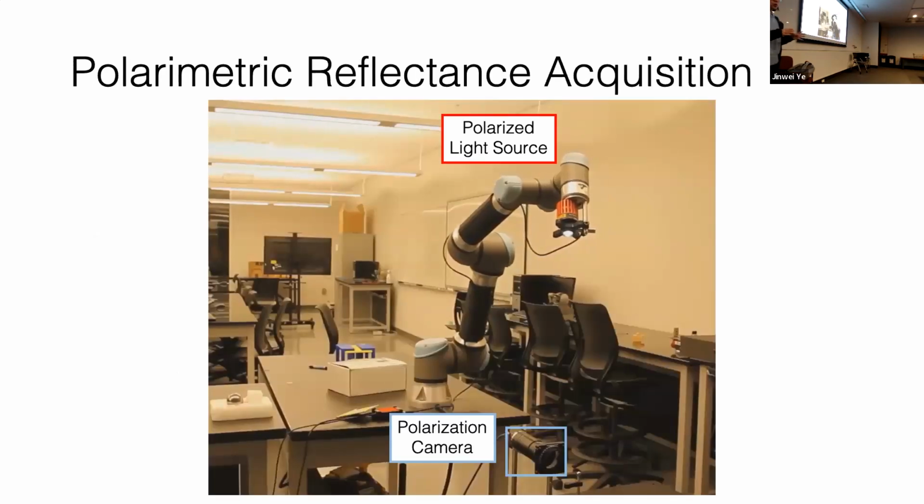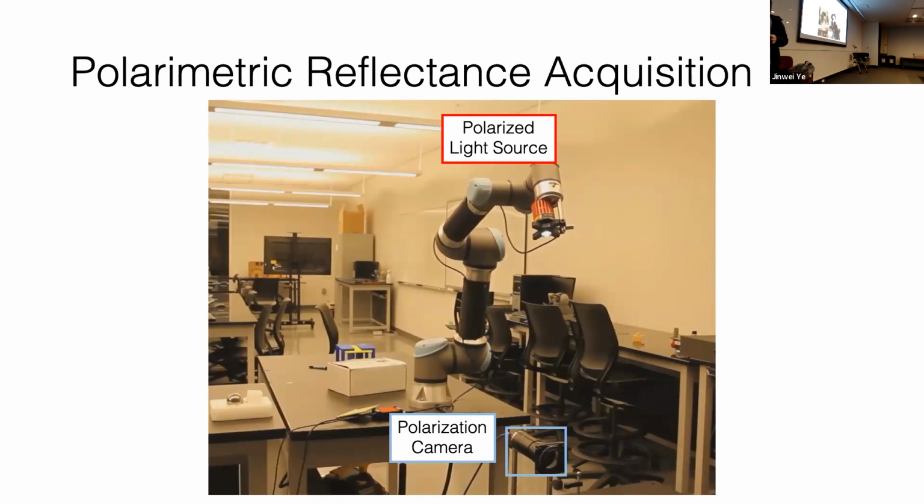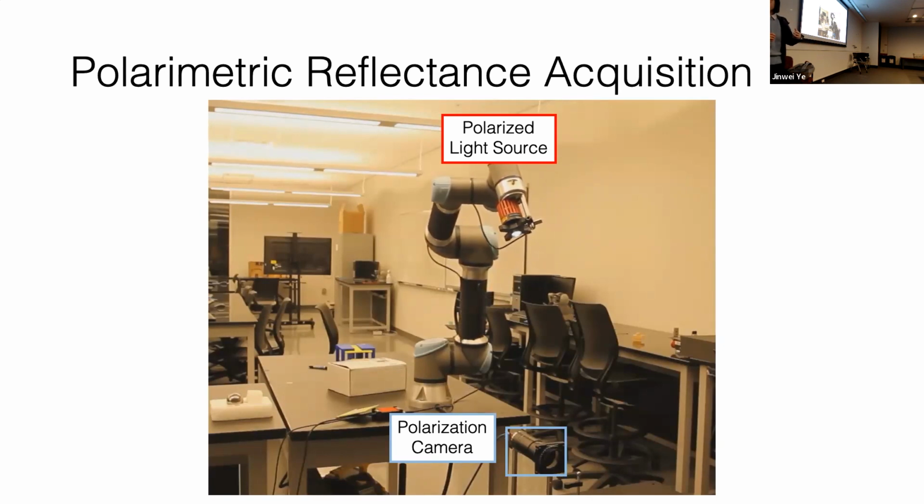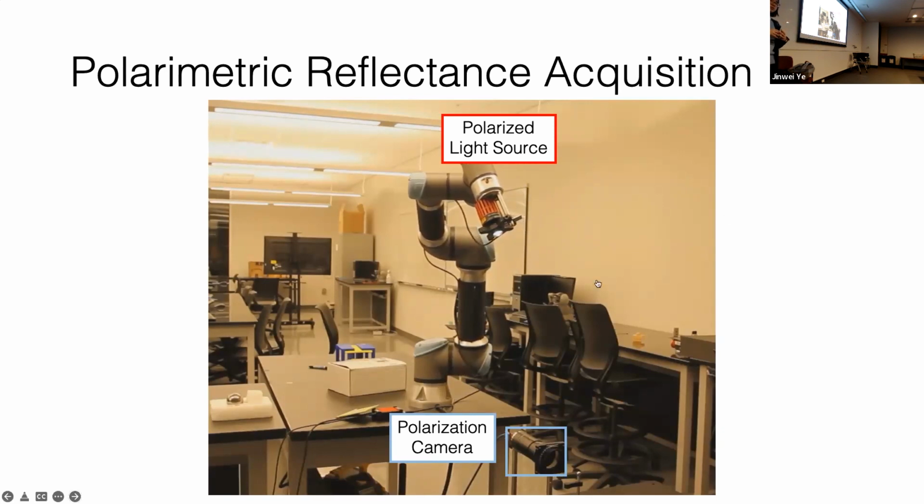And then I want to show you some ongoing work that I'm doing right now. One line is about the acquisition of polarimetric appearance. We use a robot arm to build this goniometer system to capture the polarimetric appearance of different kinds of objects.